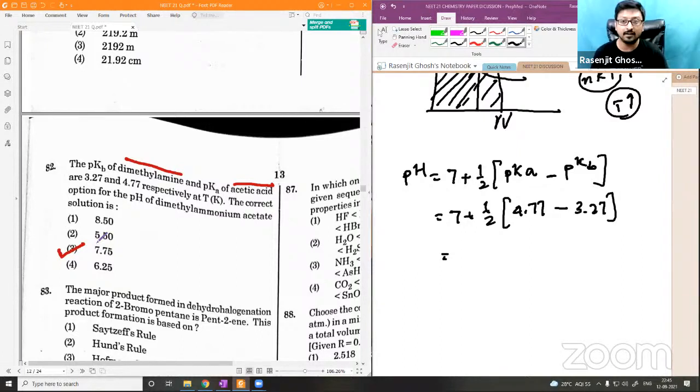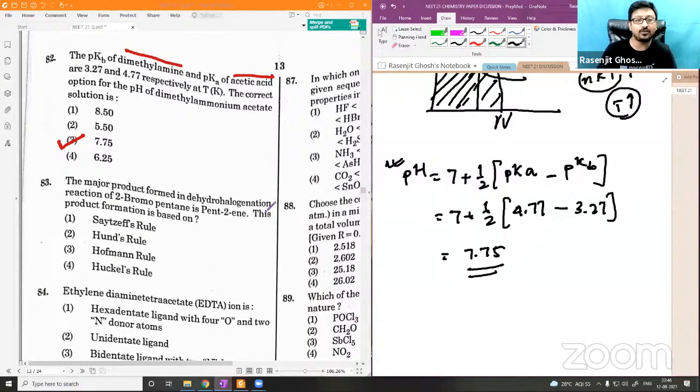This is a very simple one, you just have to calculate directly. You have to remember the formula for the salt formed by a weak acid and a weak base. Clear, everyone? Okay, next question.